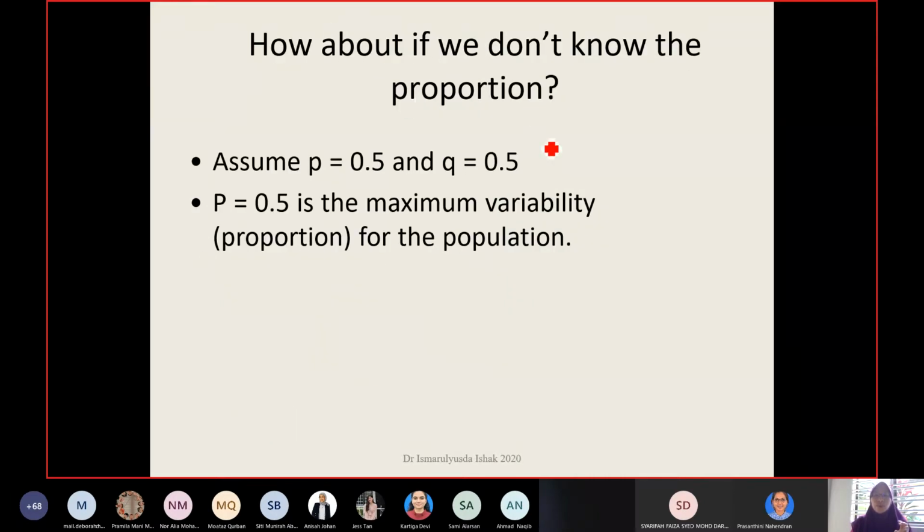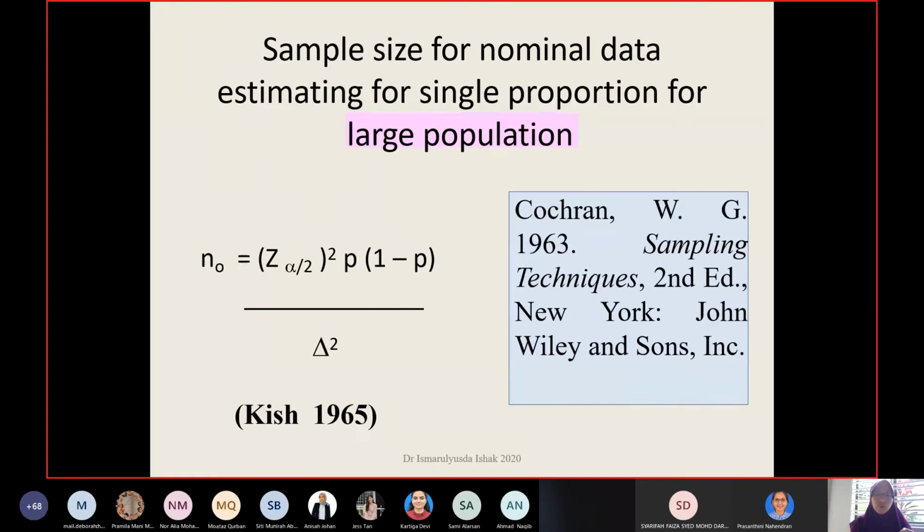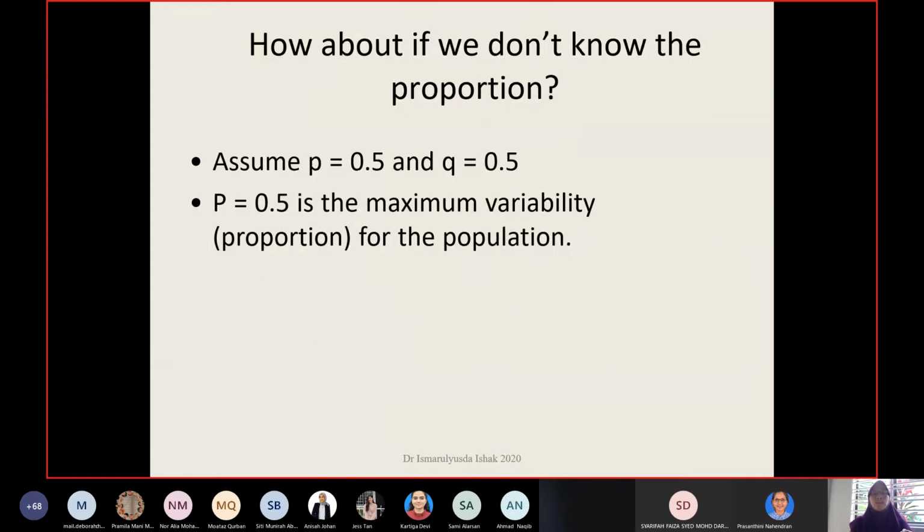If you don't know P, say you don't know. We have searched many journals, and this is the first research we have built. So you can use 0.5 for P, the maximum variation of proportions for the population. So we put 0.5 here, 1 minus 0.5.